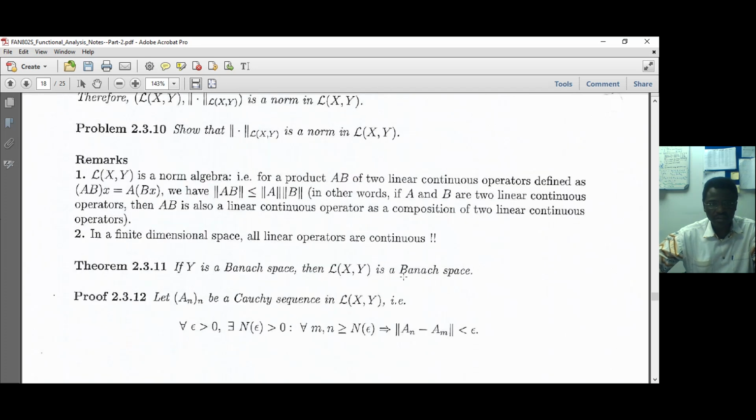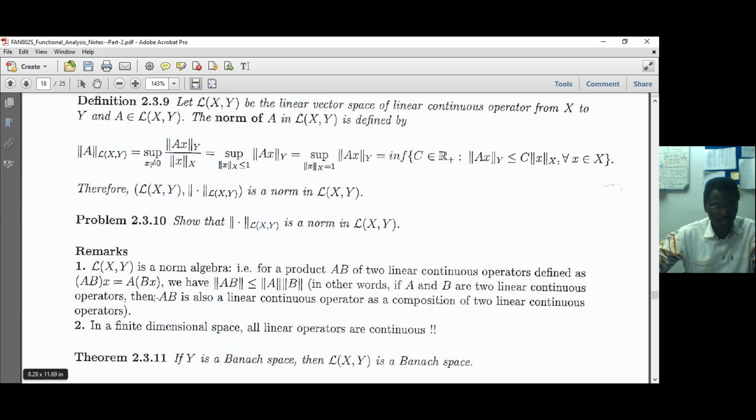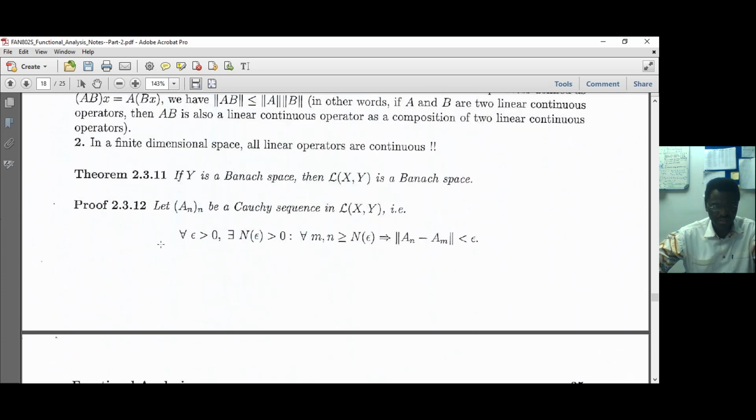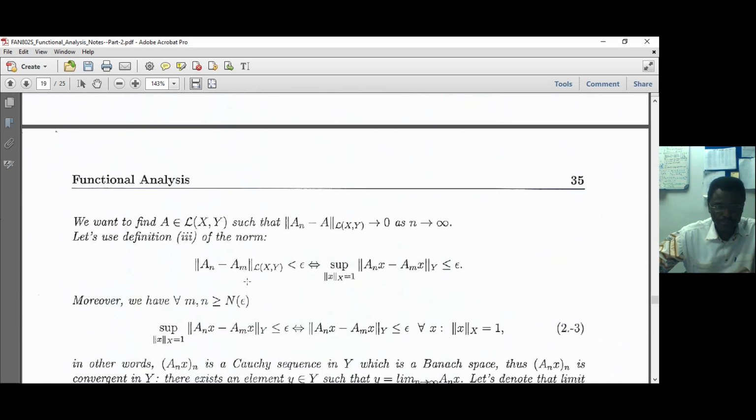And obviously, you can define a Cauchy sequence in this space with that norm, exactly the way you define it: for any epsilon, you can find an n such that for any n greater than that, you have the same definition.